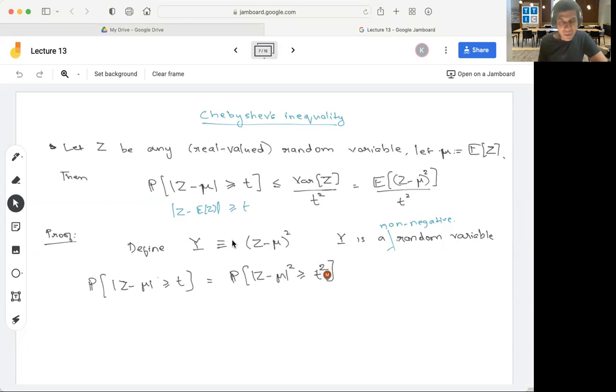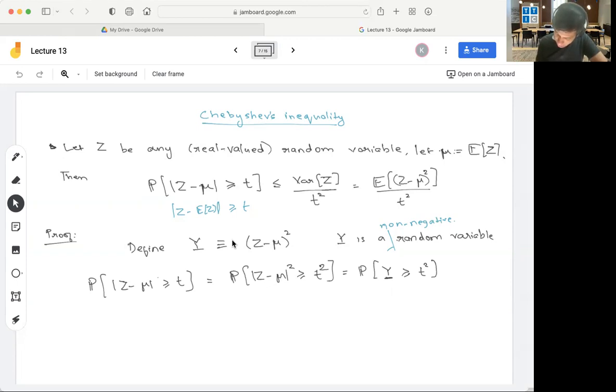The absolute value of z minus mu and t are both non-negative numbers, so I can square both sides of the inequality. The probability that the absolute value of z minus mu is greater than or equal to t is equal to the probability that I square both sides, which is equal to the probability that y is greater than or equal to t square, because y was just defined as z minus mu whole square. It doesn't matter whether I have the absolute value or not when I square something.